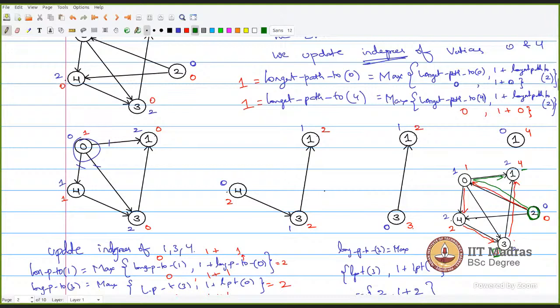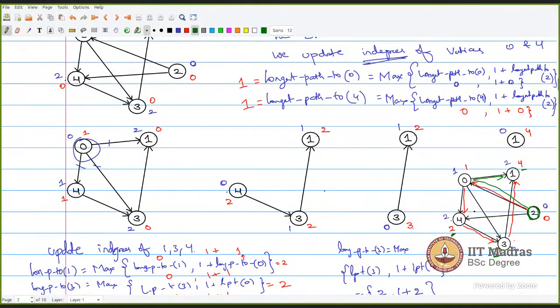But the longest will be 2 to 0, 0 to 4. That is why this number is 2. Maximum you can use 2 edges to reach 4 from this vertex 2, via 2 to 0 and 0 to 4. Also you can go from 2 to 4. But which one is the longest, 2 to 4 or 2 to 0, 0 to 4?